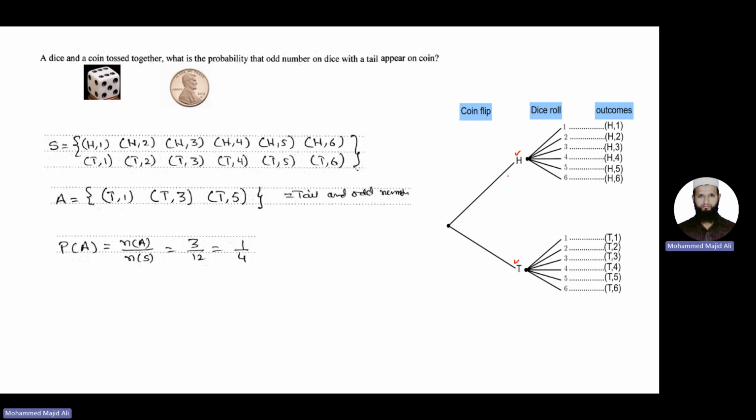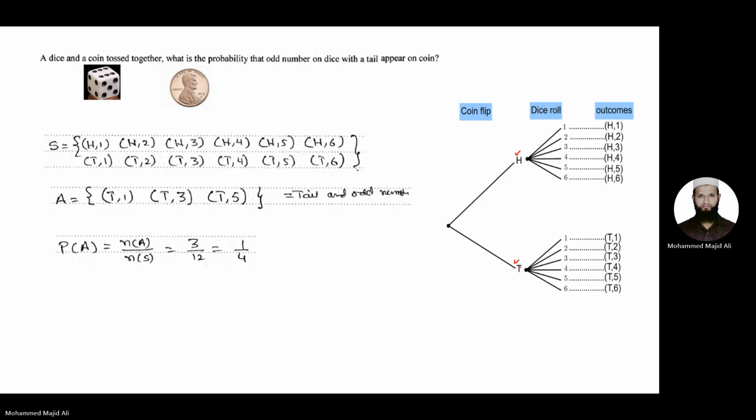So what are the possibilities? You may get head on the coin and 1 on the dice, H1, or H2, H3, H4, H5, or H6.